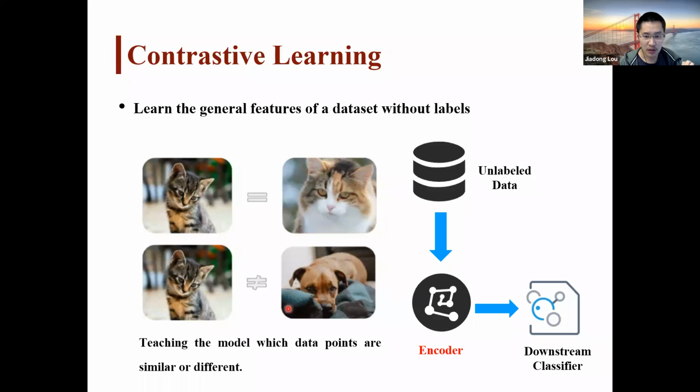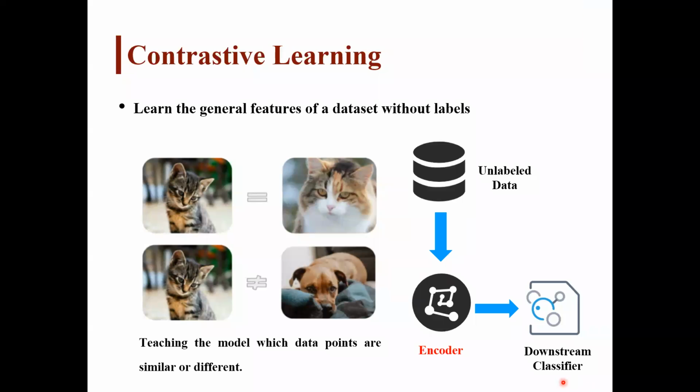So for contrastive learning, given an amount of unlabeled data, such as images or text, contrastive learning aims to pre-train a neural network called the encoder that can be used as a feature extractor for many downstream tasks. For example, we can plug this encoder into a downstream classifier: we first use the encoder to generate the feature vectors of the input image and use these feature vectors for the following classification tasks.